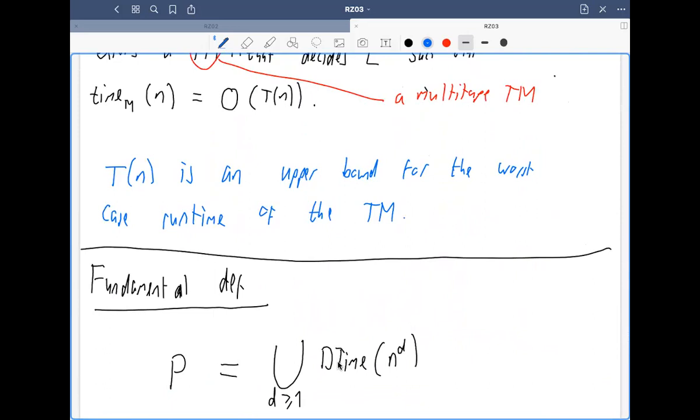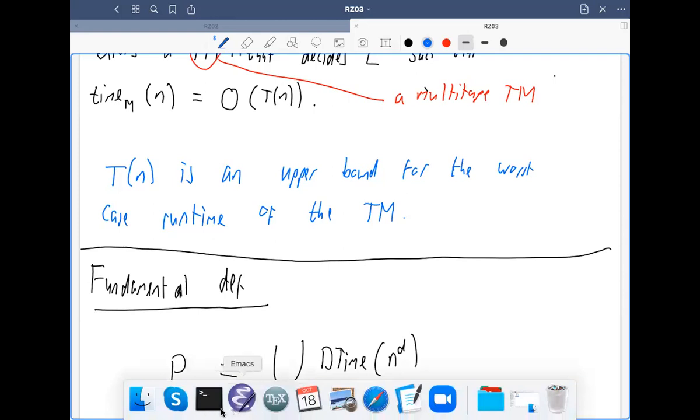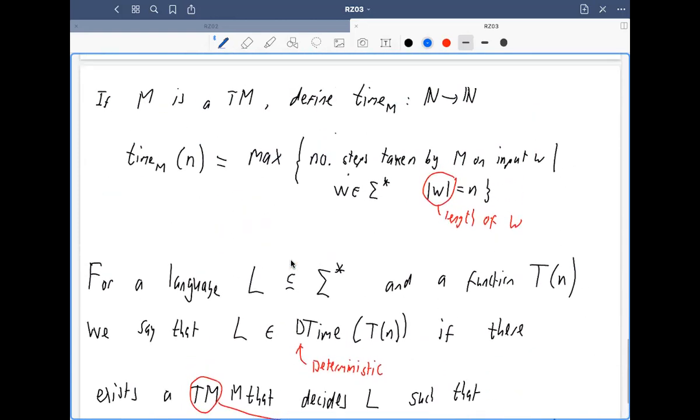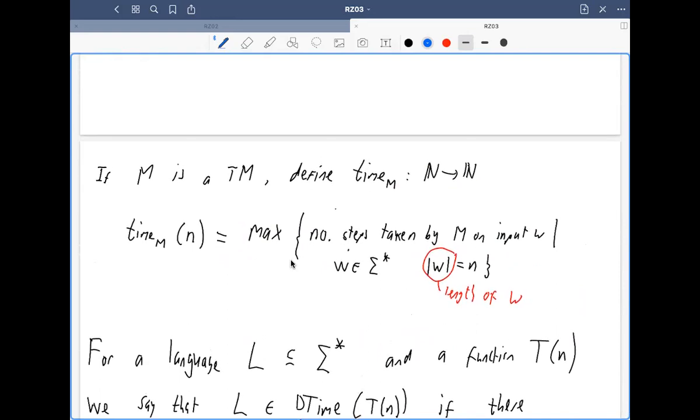The languages recognized in non-deterministic polynomial time are going to be exactly the languages in NP. So then we'll know what the P equals NP question is, and then we'll start to look at many examples.